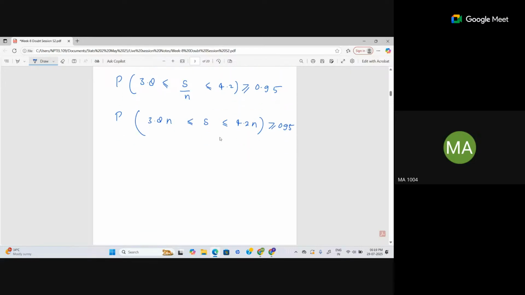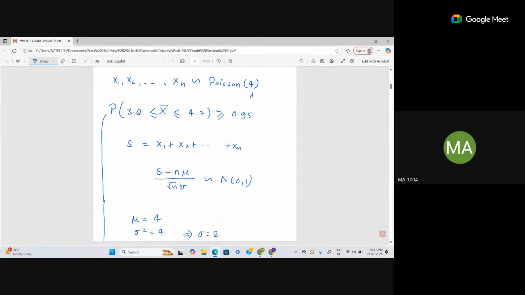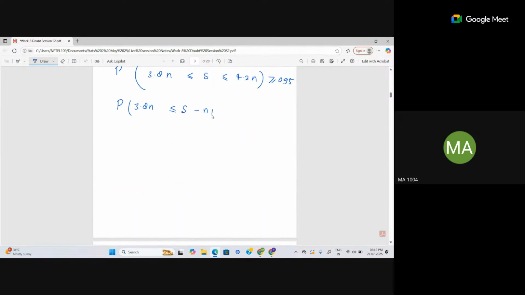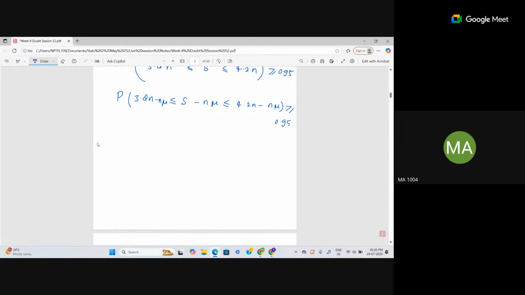I have just transferred the n to both sides. Now we will subtract n mu at both the sides, and this is greater than or equal to 0.95. I hope it's clear to everyone till this point.